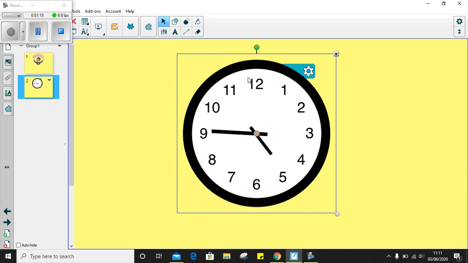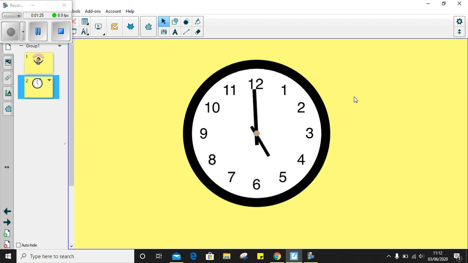Right. Remember yesterday we looked at how each number on the clock represents 5 minutes for that minute hand. So I'm going round, we've got 0, 5, 10, 15, 20, 25, 30, 35, 40, 45, 50, 55, 60, back to 0.